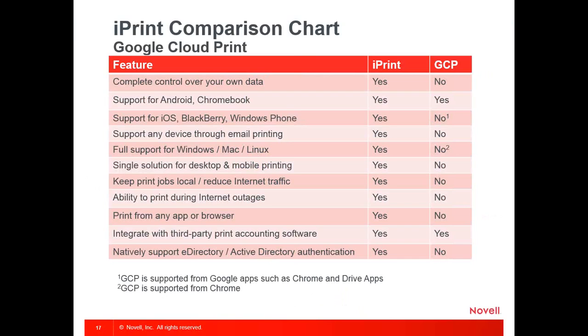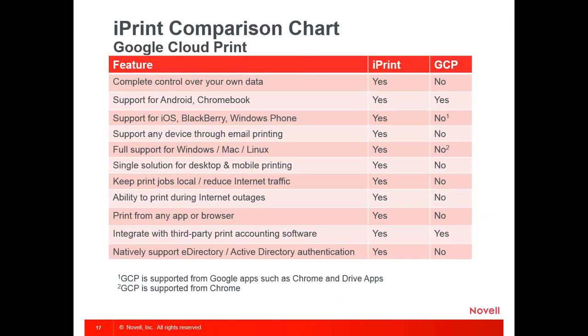The fact that it still has to get into Google's cloud and be processed by them brings up the same questions as moving traditional files into Google Drive. If you were to do iPrint completely, you would be able to keep all that information local, so you don't necessarily have to use Google Cloud Print.